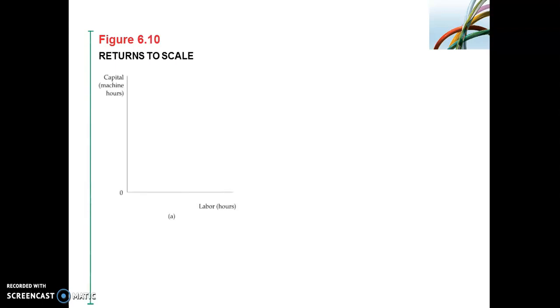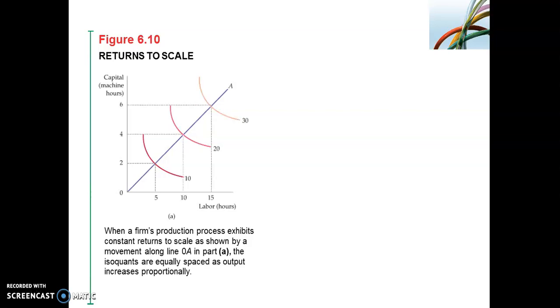So we're going to look at figure 6.10, and it's split into two parts. The first part, A, shows you a scenario where you have constant returns to scale. So graphically, on your vertical axis, you have capital, and on your horizontal axis, you have labor, and it is given in hours.